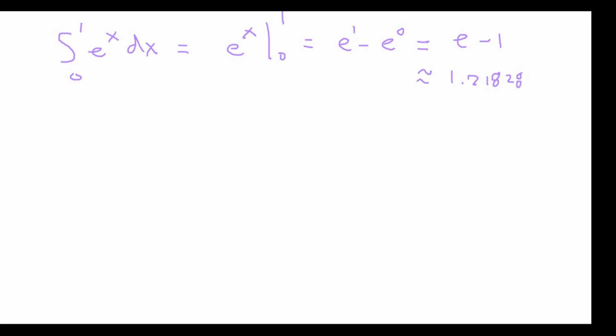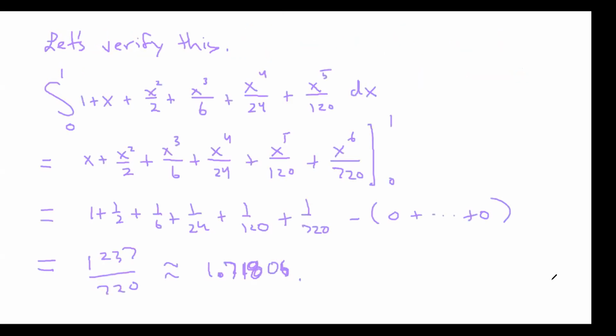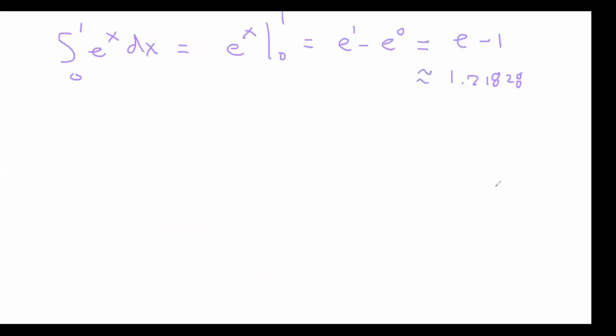So if you flip back a page, you'll see that we got the same number at least 2-3 decimal places. So here's what we got. And this gives us another way of calculating e.